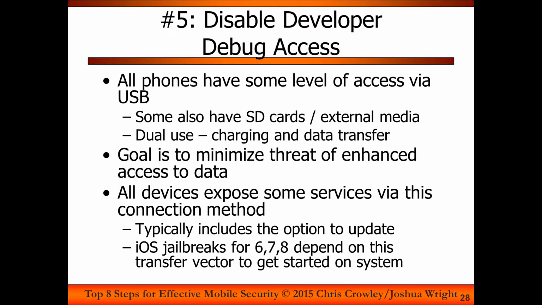Likewise, for Windows Phone, if you have a developer license from Microsoft, you can developer unlock a Windows Phone, and with this you can then run unsigned code. Likewise for BlackBerry, this represents a vehicle for developers to test that their code runs correctly.